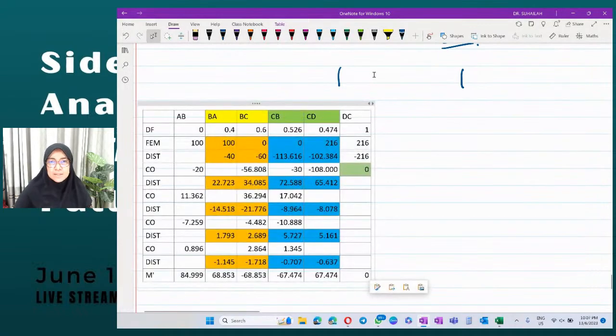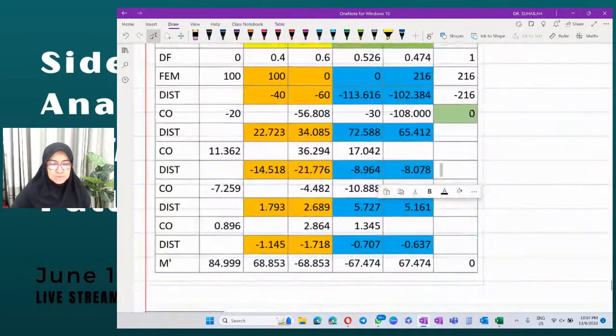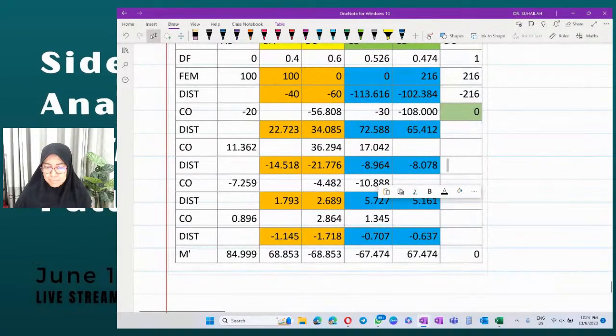So this is table 2, this is M prime. Once we got this, we finish step 3A and we have to continue to step 3C.